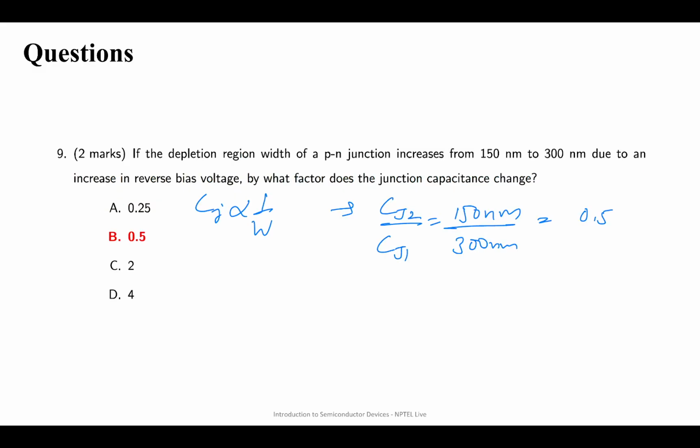So the correct answer will be 0.5. We know junction capacitance is inversely proportional to depletion width. So if depletion width becomes double, junction capacitance will become half.